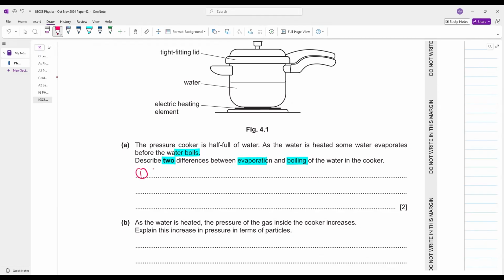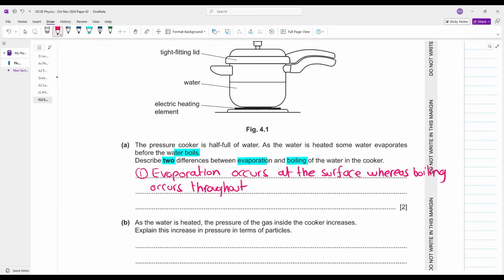Firstly, evaporation occurs at the surface, whereas boiling occurs throughout the liquid. What will be the second difference?